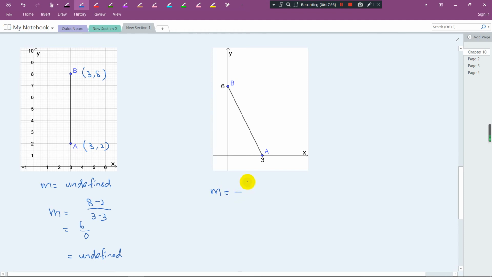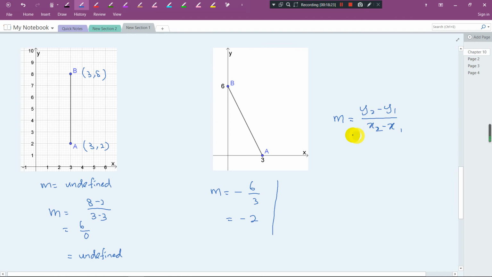Negative y-intercept, which is 6, over x-intercept, which is 3, negative 2. Before we calculate, we know the answer must be negative because it's going downward like that. Let's say you still insist on using the formula y2 minus y1 over x2 minus x1.